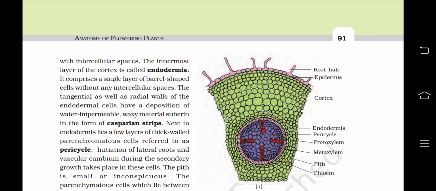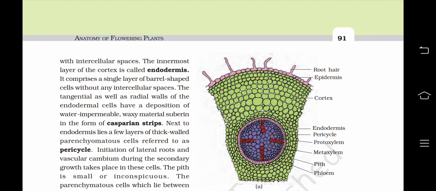Then comes the endodermis, and most importantly the endodermis is covered with suberin, a waxy material, in the form of a casparian strip, which is on the transverse and tangential as well as radial walls of the endodermal cells.